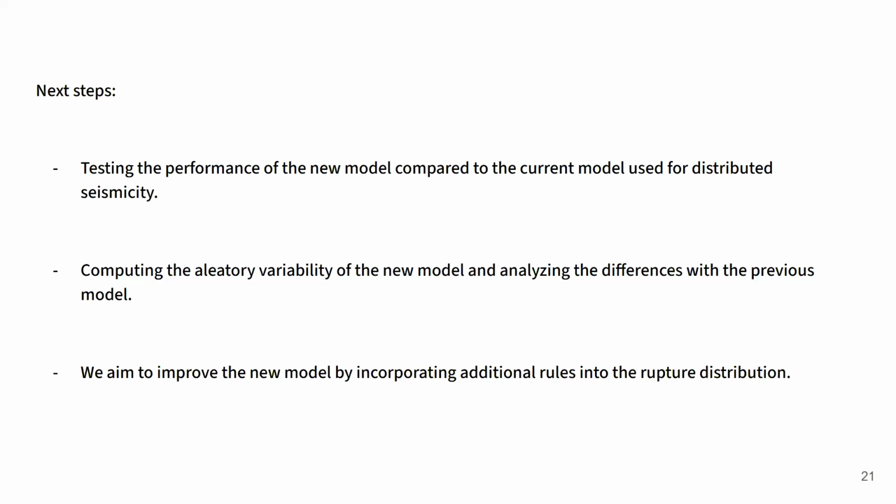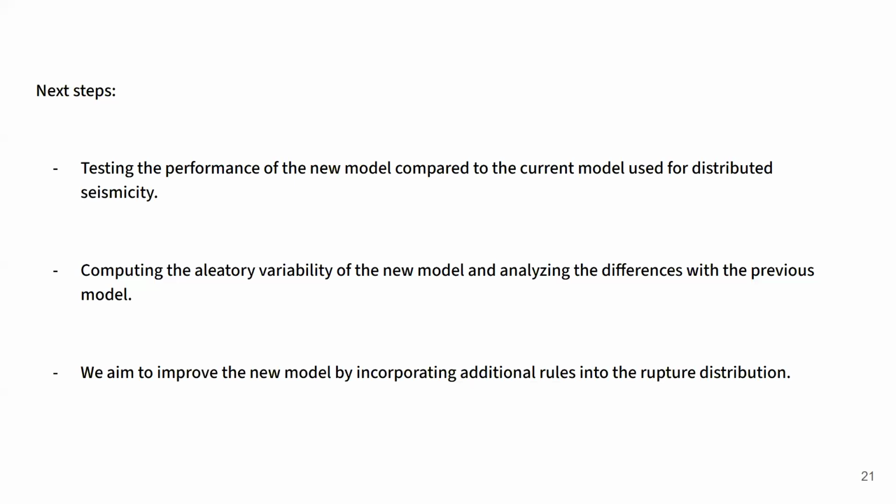After the tests, whether they are good or not, I will maybe go on to computing the aleatory variability of the new model and analyzing the differences with the previous model. So the aleatory variability that I computed during my first year of PhD is like a reference, and the goal is to reduce the aleatory variability.